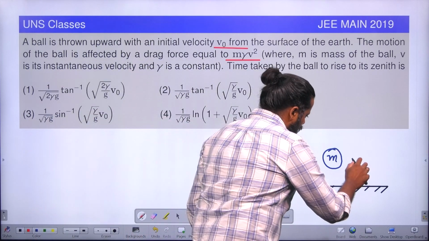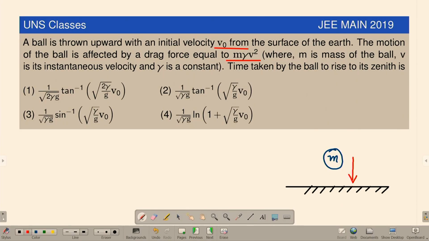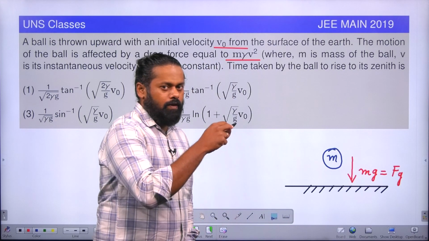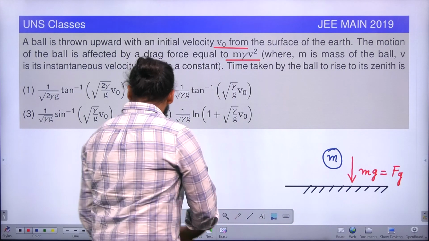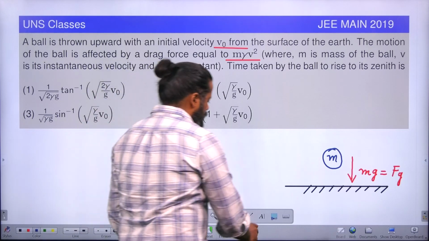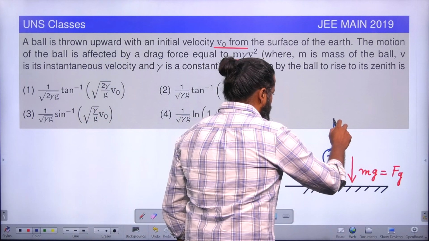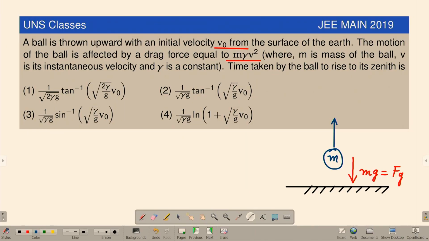Earth is pulling the body in the downward direction. So here mg is the force acting in the downward direction because of gravitation. Now, the ball is moving in the upward direction with a velocity v, initially we are projecting with a velocity v0, the initial velocity is v0.